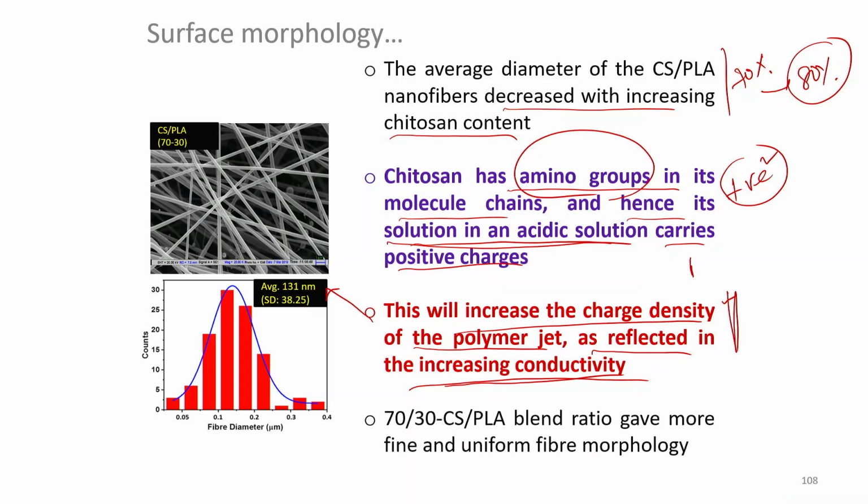That is why the 70-30 chitosan PLA blend ratio gives a finer and more uniform morphology: with higher conductivity, the stretching becomes more, and that results in lower fiber diameter.